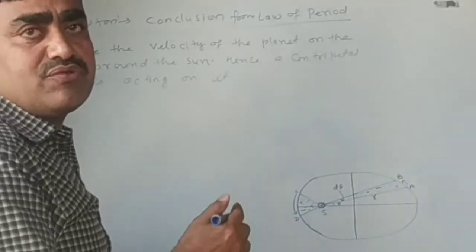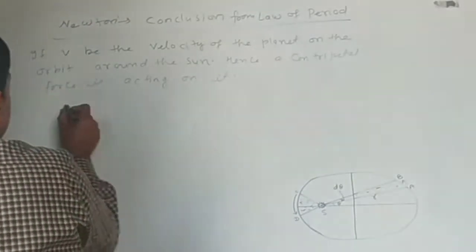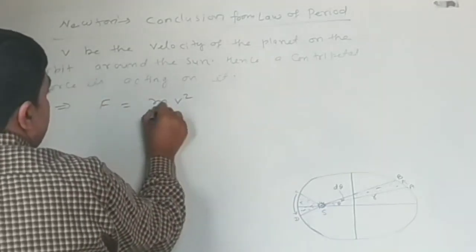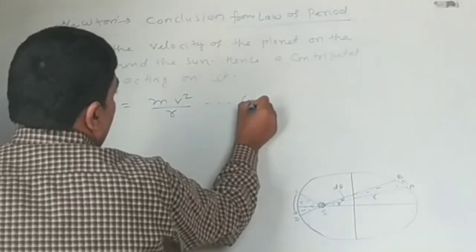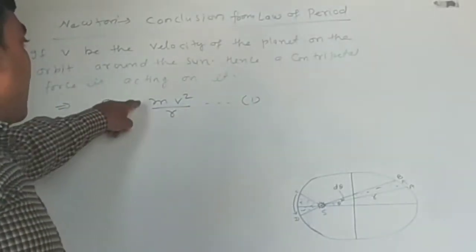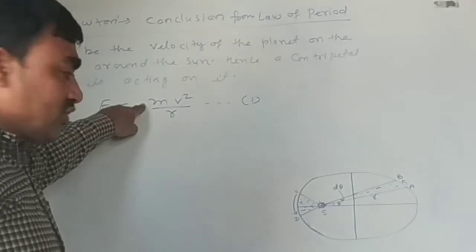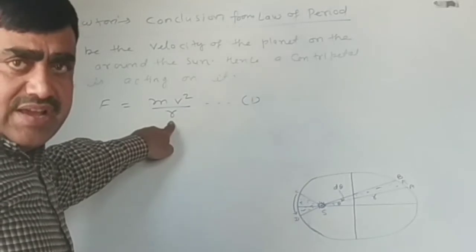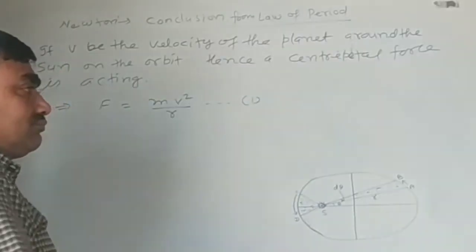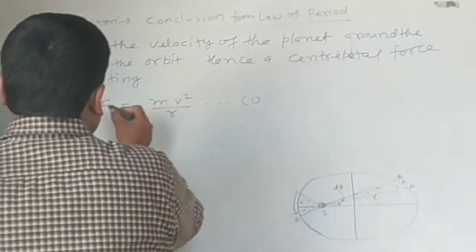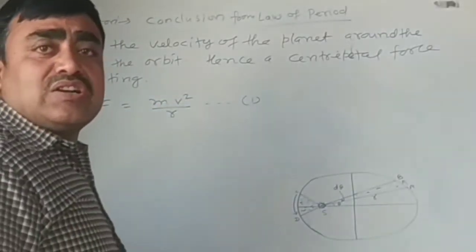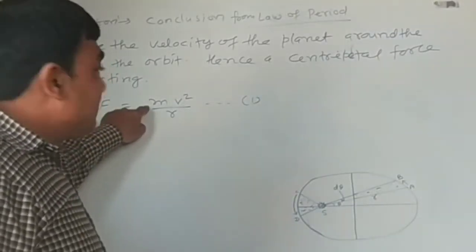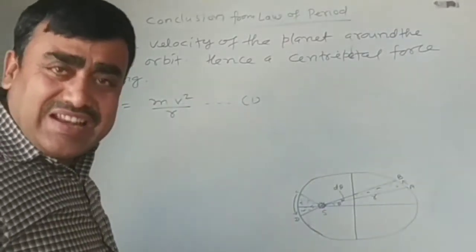Definitely a centripetal force is acting. That implies F is equal to mv square upon r, where m is the mass of the planet, v is the velocity, r is the radius of the orbit. Okay, F is equal to mv square upon r, where m is the mass, v is the velocity, r is the radius.